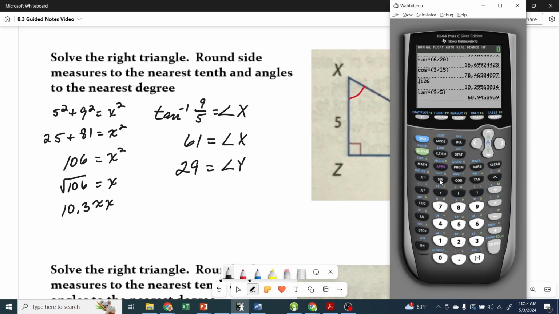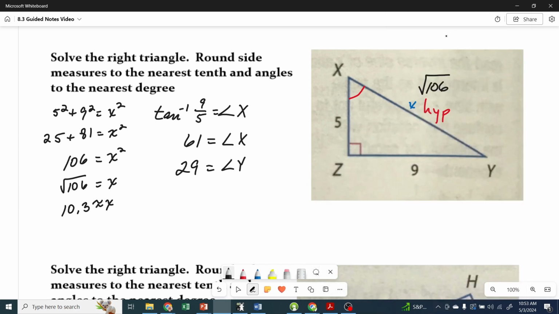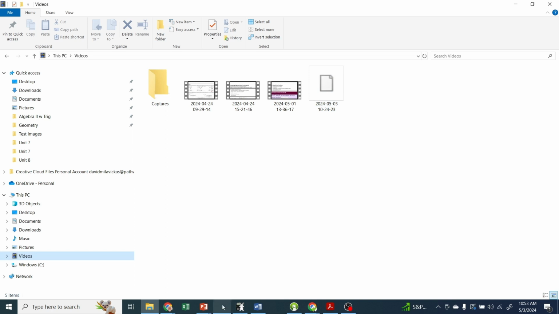Second sine of 9 divided by the square root of 106, and I would have gotten the same exact value. So it doesn't matter what trig function you use. And then you just subtract your angle value from 90, and you can solve for that other angle.